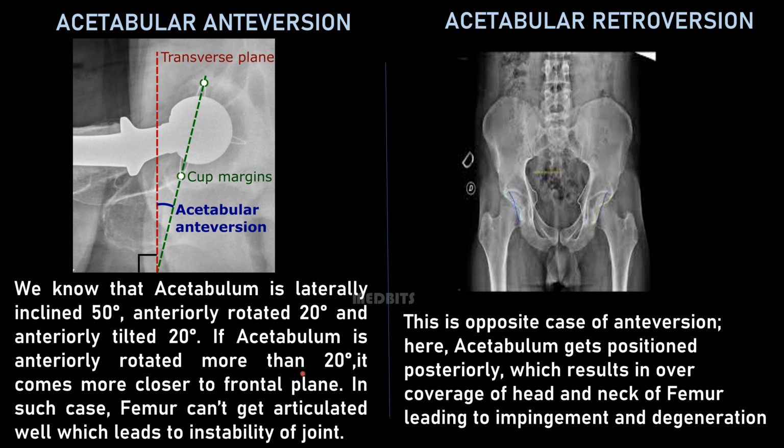The femoral head will not be able to articulate with the acetabulum if it goes to the frontal plane. Acetabular retroversion is the opposite of antiversion. Here, the acetabulum is positioned posteriorly, which results in overcoverage of the head and neck of the femur, leading to impingement and degeneration.